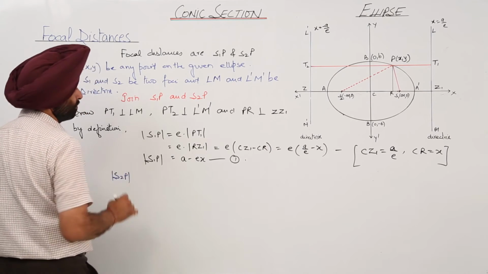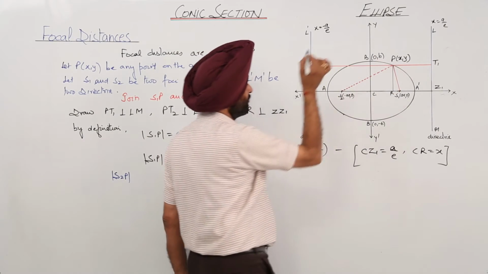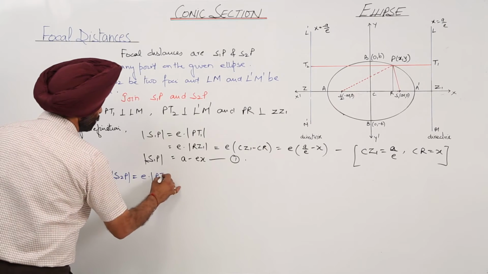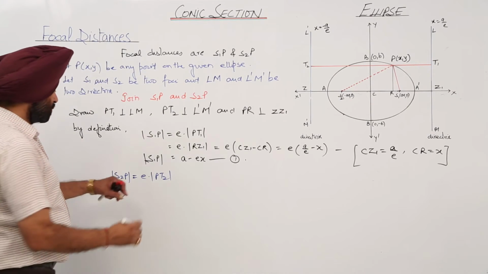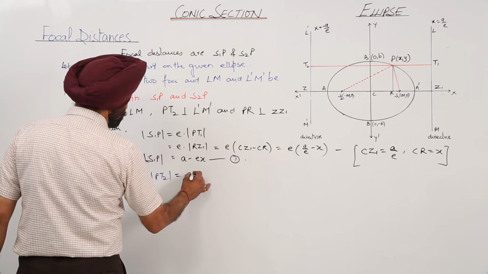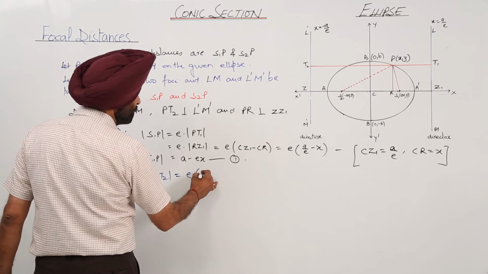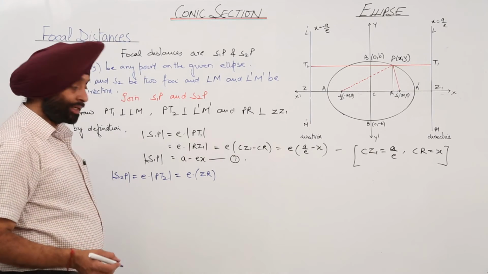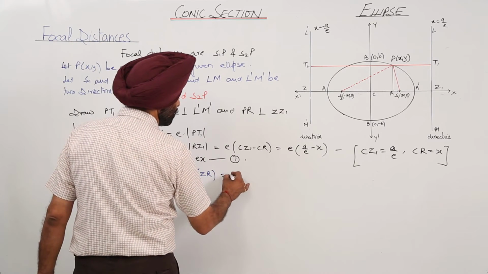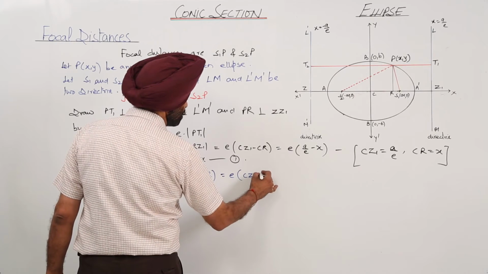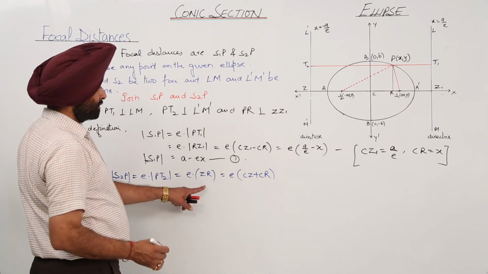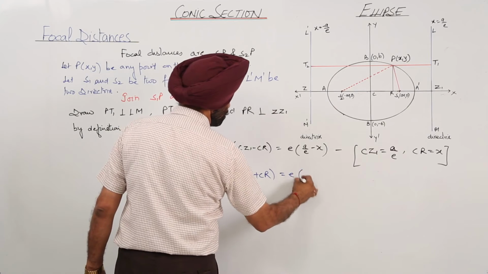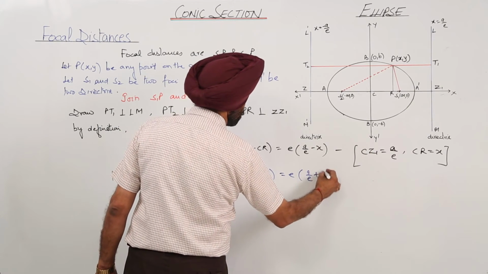Now S2P, from S2 to P, is equal to e times PT2. Again by definition, e times PT2, and PT2 and ZR are one and the same thing, so this can be written as e times (CZ plus CR), that is, e times (a/e plus x).